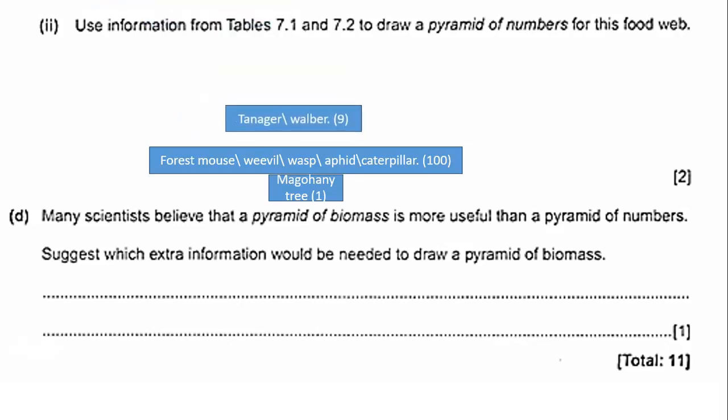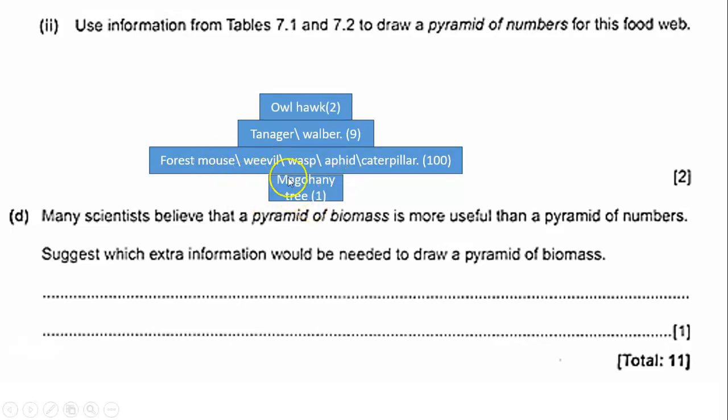For example, when you put trophic level 3, you have 9 animals. They have to be more than the one or bigger than the one, but way less than the 100. And then finally, the hook owl, there were only 2 of this, so it's going to be bigger than the mahogany tree, less than this one, and much less than this one.